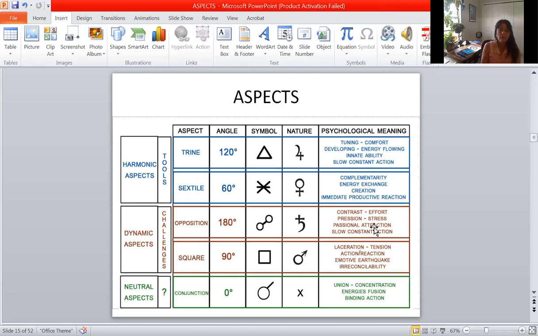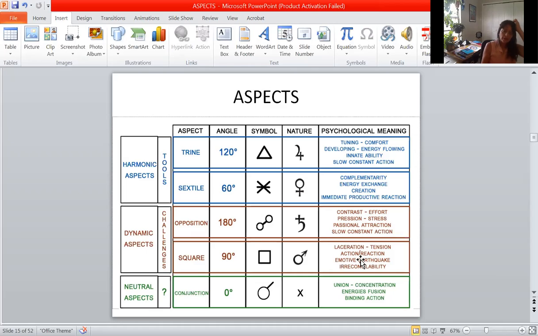The 180 is contrast, effort, pressure, suppression, stress, passion, passionate attraction, or slack constant action. And the square is tension, laceration, an action-reaction, emotive earthquake, irreconcilability.